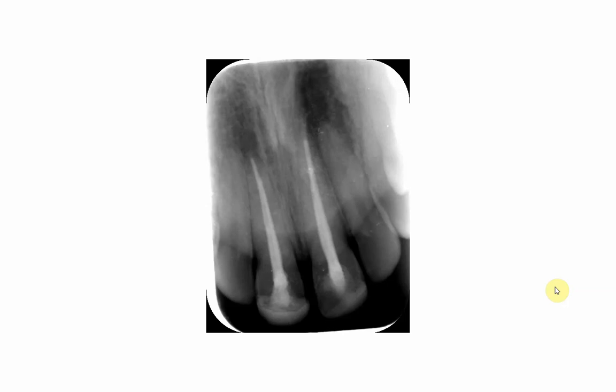Elongated images of the teeth usually are seen when you direct the beam perpendicular on the object, or when the vertical angulation is reduced. So reduction in the vertical angulation, whether in the upper teeth or in the lower teeth, leads to elongated images of the teeth.